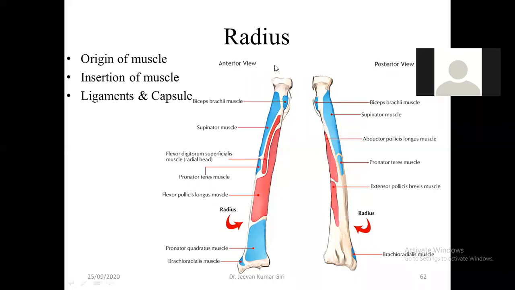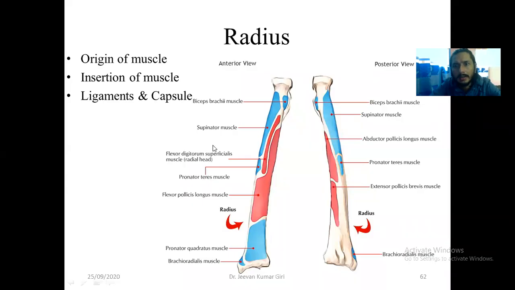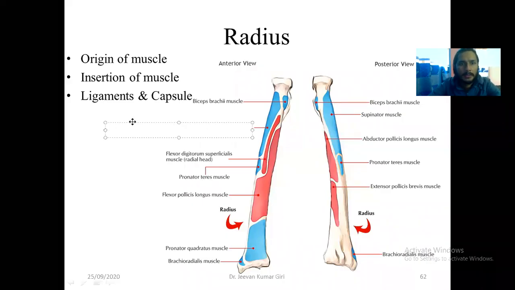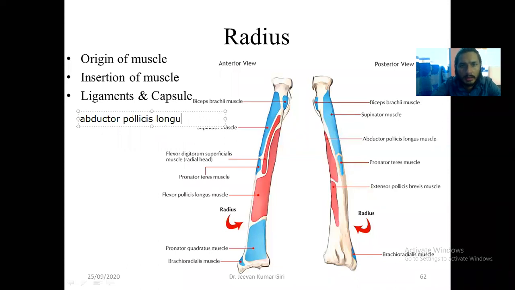So these muscles are the abductor pollicis longus and the extensor pollicis brevis. Okay, now the remaining muscles, see. And the next is the extensor.